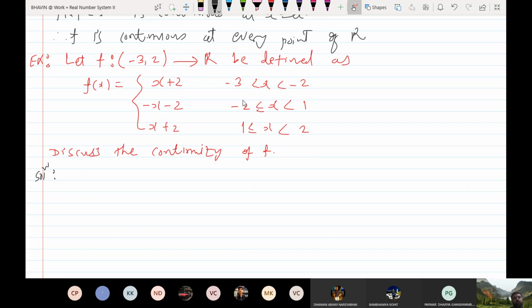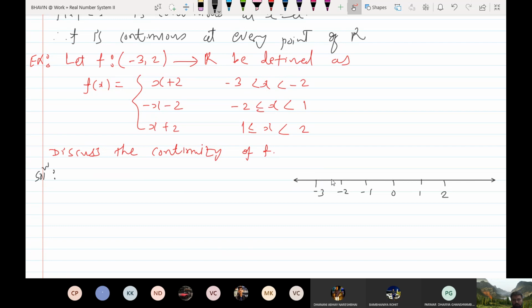See, here if this is the situation, your function is between minus 3 and 2. This is minus 2, this is minus 1, this is 0, this is 1, and this is 2. So if your x is between minus 3 and minus 2 in this interval, then f(x) is x plus 2.